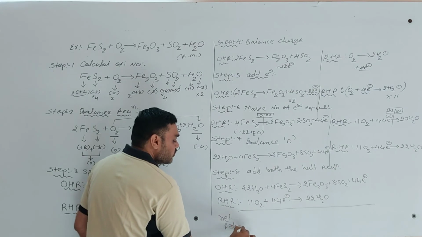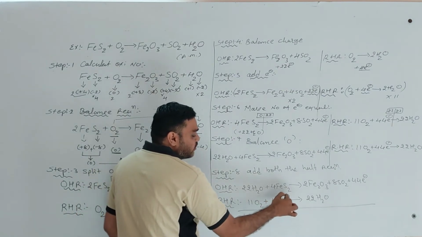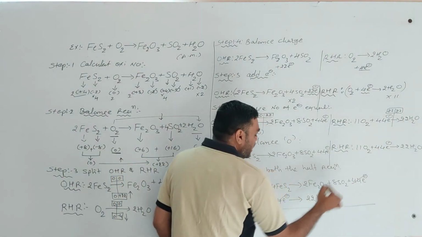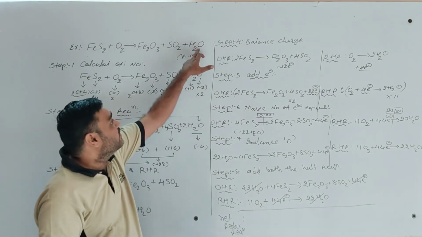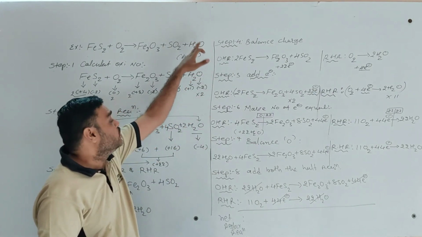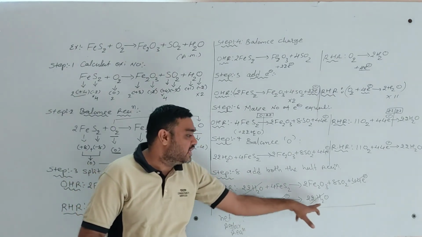Here you find the 44 electrons cancel out, and the 22 H2O cancel out. If they were given, they would be removed; if not given, and you added them in step 2, then you can easily understand they will cancel out.